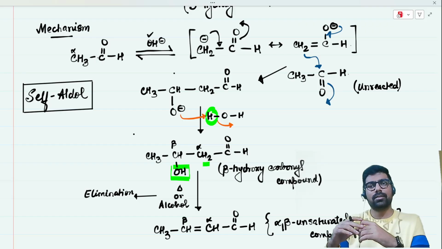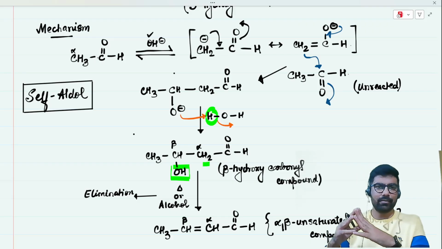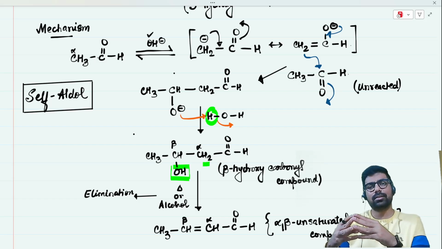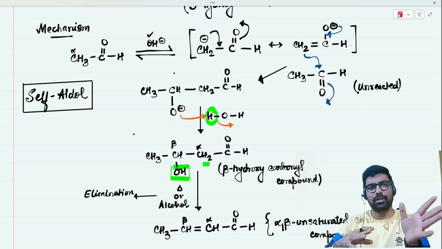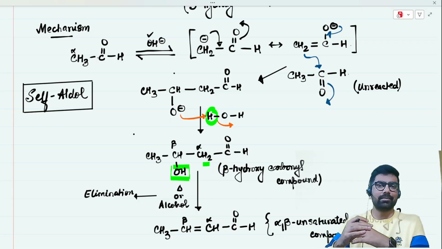Then the O minus pushes back and CH2 attacks the carbon of the carbonyl compound. Then there is a condensation reaction resulting in formation of O minus. Now any negative charge is not stable, so it takes one hydrogen from the water molecule present in the reaction medium, so it becomes OH.